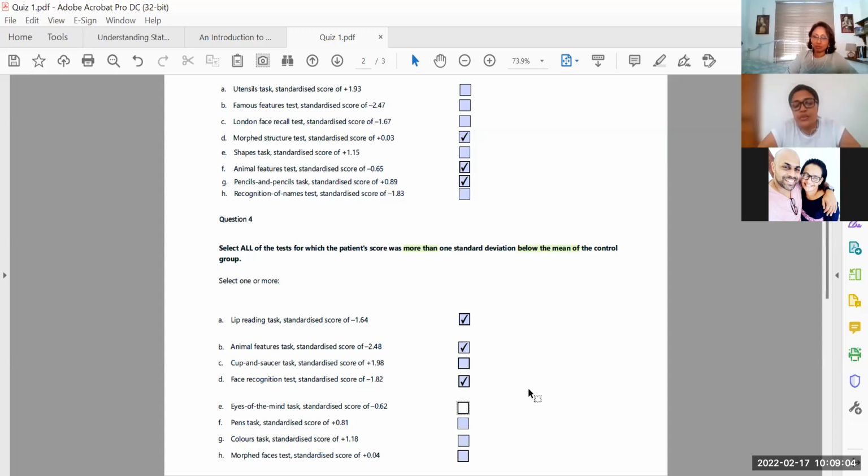Plus 0.81, obviously not. Plus 1.18, obviously not, it's above the mean. Plus 0.04 is also above the mean. So those don't figure. Our answers would be A, B, and D. All agreed?